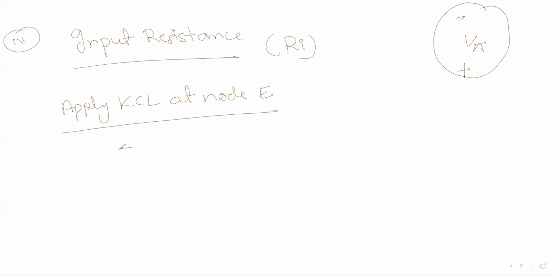Now, what would be the resulting equation? That is Ii is equal to Ib plus gm V pi.